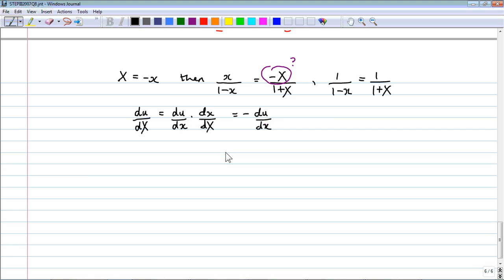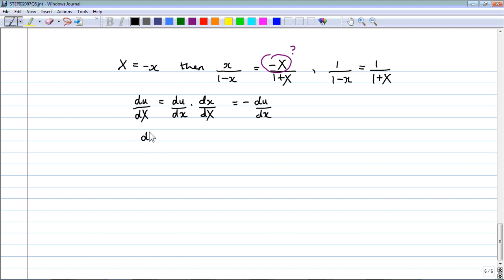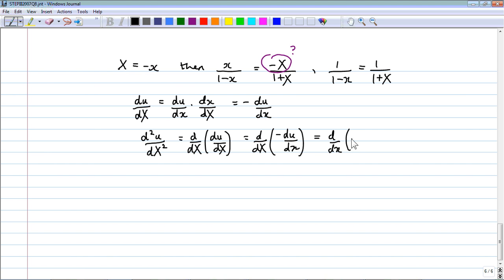Now, a similar logic would allow us to calculate d2u by d capital X squared. Well, that's d by d capital X of du by d capital X, yeah? Yeah, that's right. And we already know that this term inside the brackets, which we calculated here, is minus du by d little x. Well, now we can apply the chain rule again. That's d by d little x of minus du by d little x, times d little x by d capital X. And as we know, again, that's minus 1.